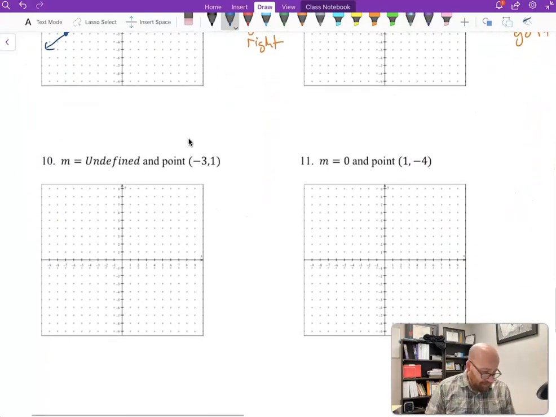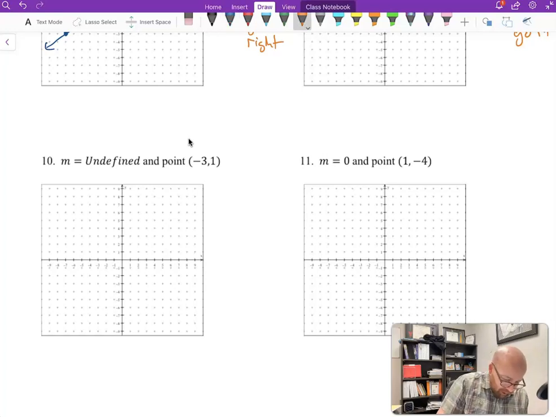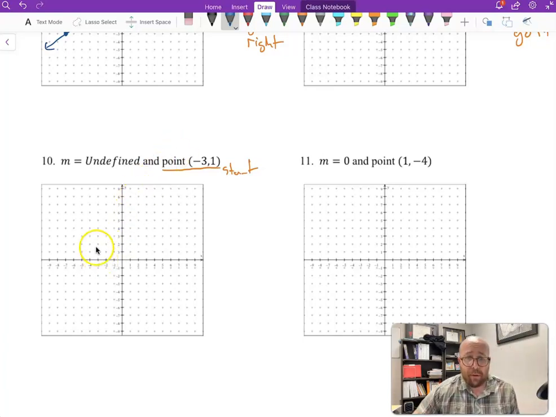Problem number 10. m is undefined. We have a starting point at (-3, 1). Now, m is undefined. What does that mean if m is undefined?